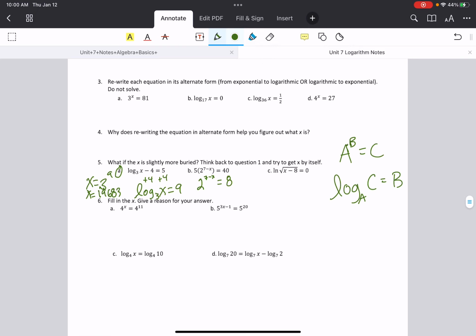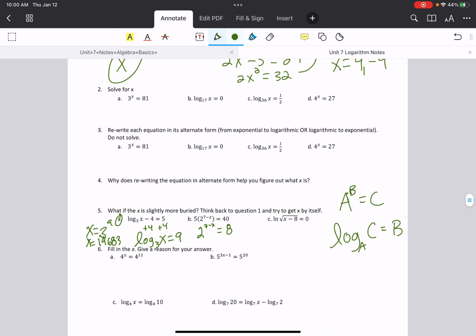That's what I've done. So now I can do my log exponent conversion. So what's my log base going to be? 2. Good. Log base 2 of 8 equals 7 minus x.